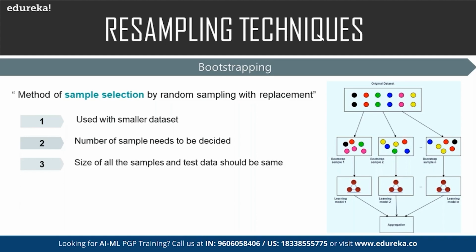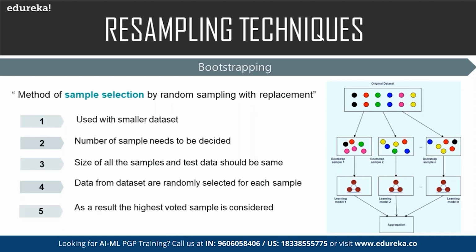The size of all samples and test data should be the same when we opt for the bootstrapping technique I'm talking about. Data from the data sets are randomly selected, as I just told you. For each sample we resample, and then finally we aggregate everything.